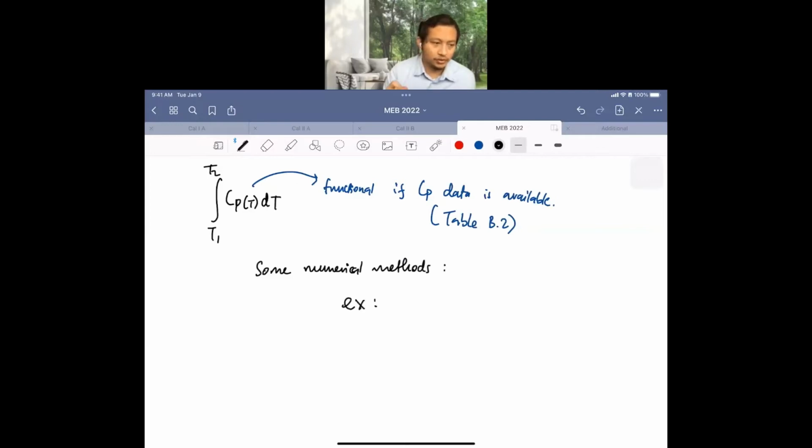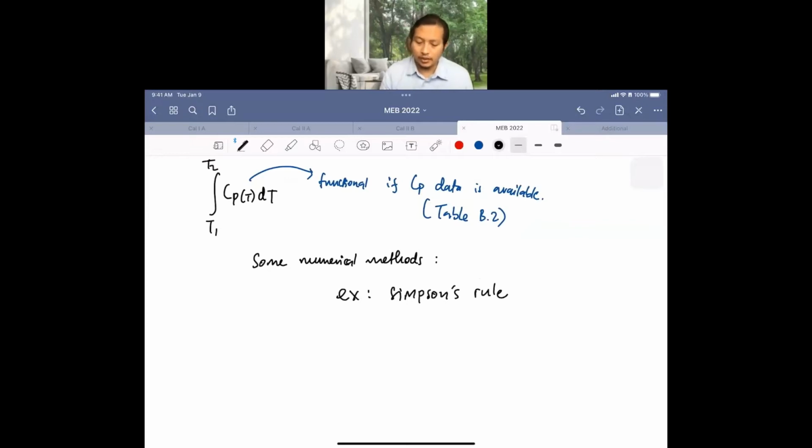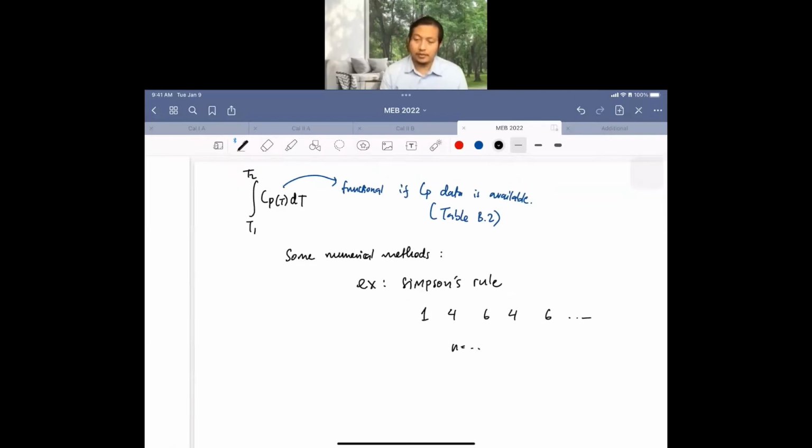For example, we could use Simpson's method, if you remember Simpson's rule. Basically, Simpson's rule has the coefficients 1, 4, 2, 4, and so on, and it depends on how many n you have.